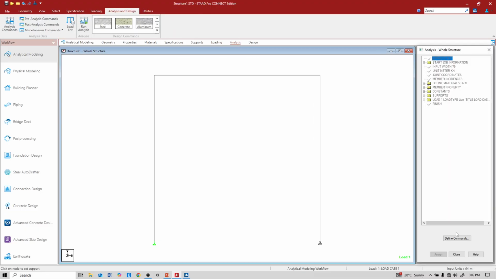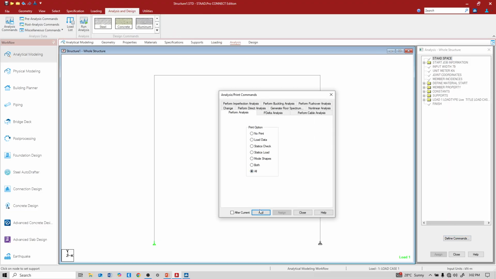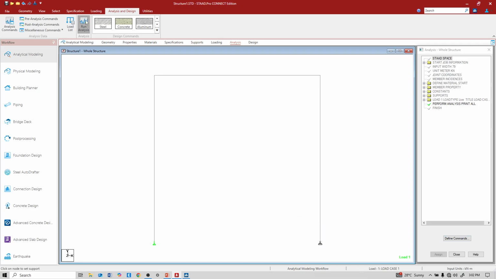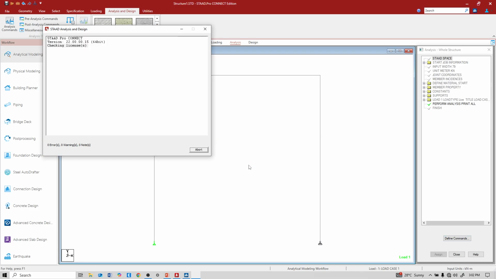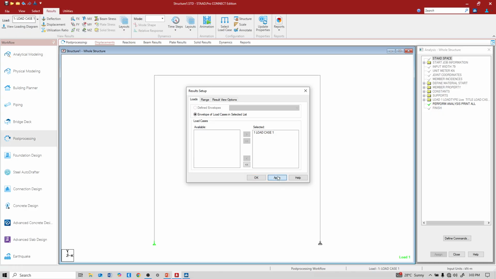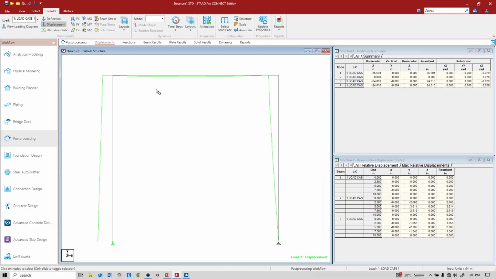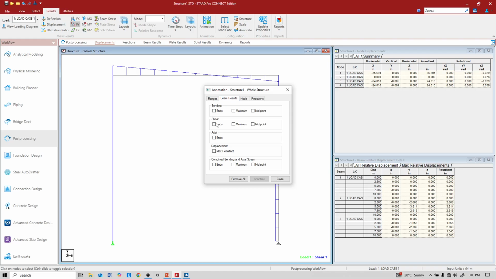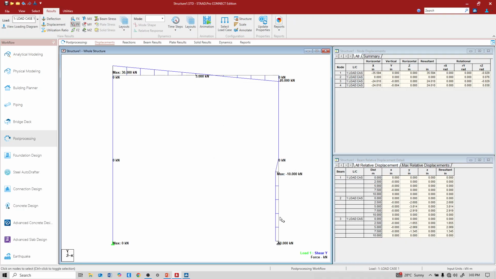Now analysis. Run analysis. See deflection, shear. See shear 30, 20, 10, 10.